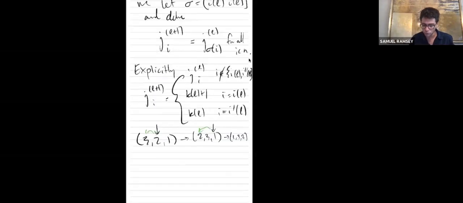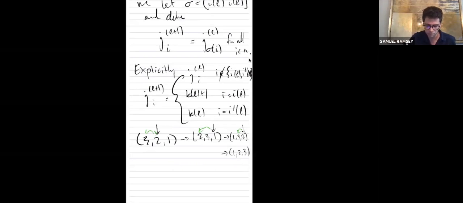And then I do the same question. I say, what's the first place that I see a number that occurs after that number plus 1? That's going to be 2, and then I swap them. And then this becomes 1, 2, 3, and then we finish. Then our algorithm is done.